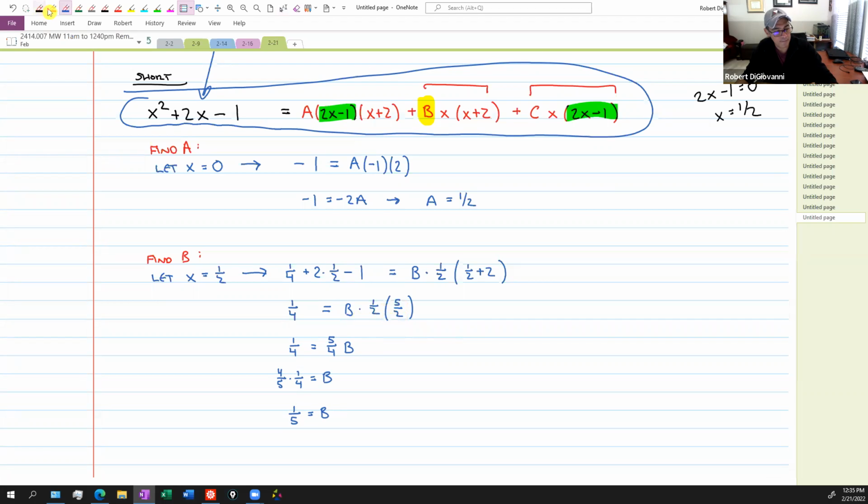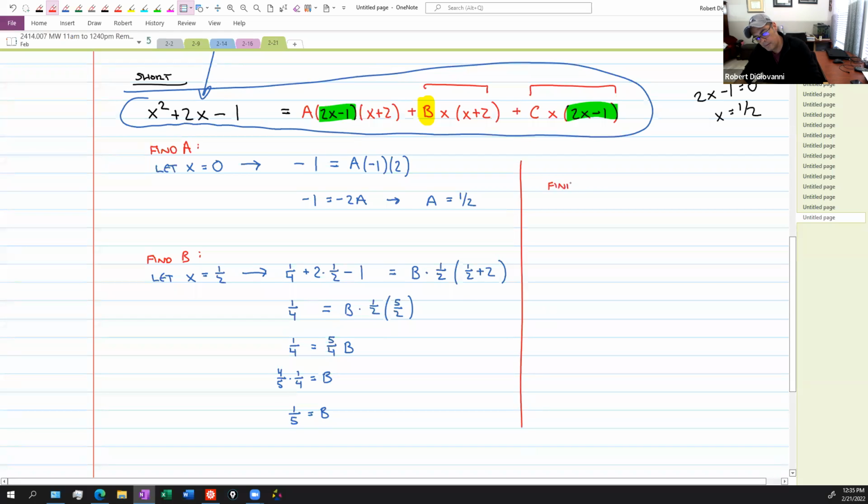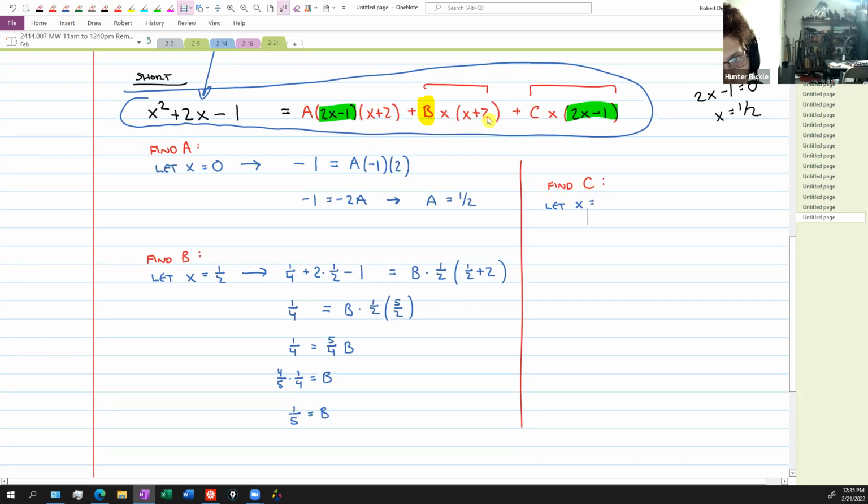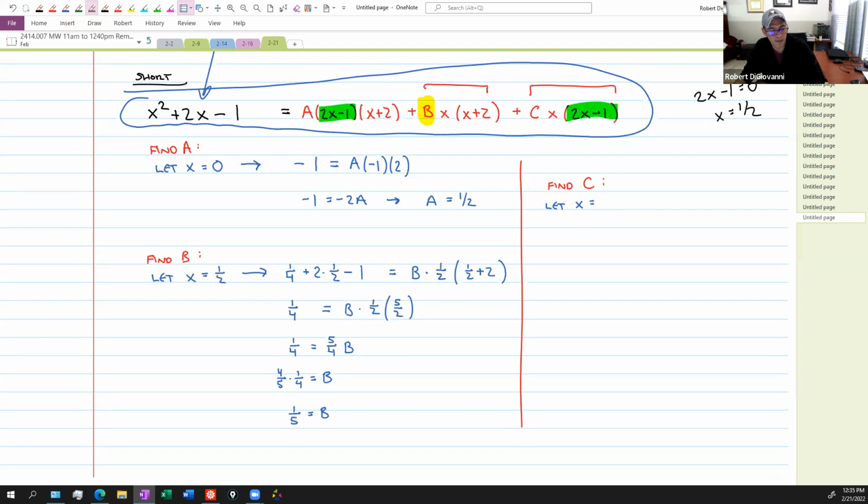And then we find c. What are we going to plug in for x to find c? -2. Yeah, we're looking to see what makes this guy and this guy go away. So x would have to be -2 here. And then we rewrite everything. So we get -2 squared, that's 4, plus 2 times -2 minus 1 equals.